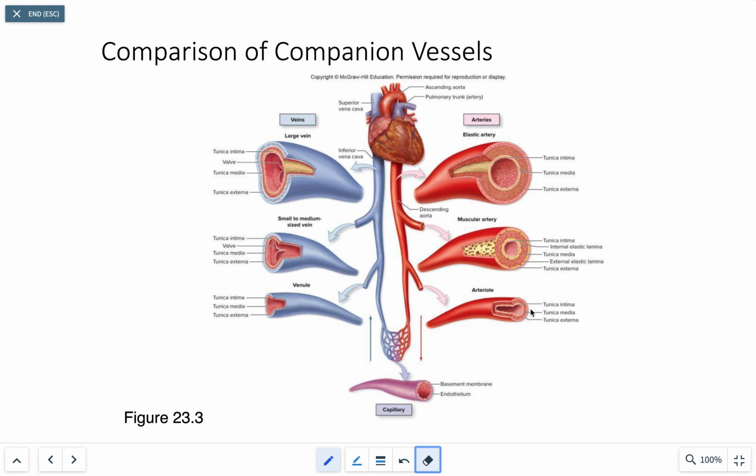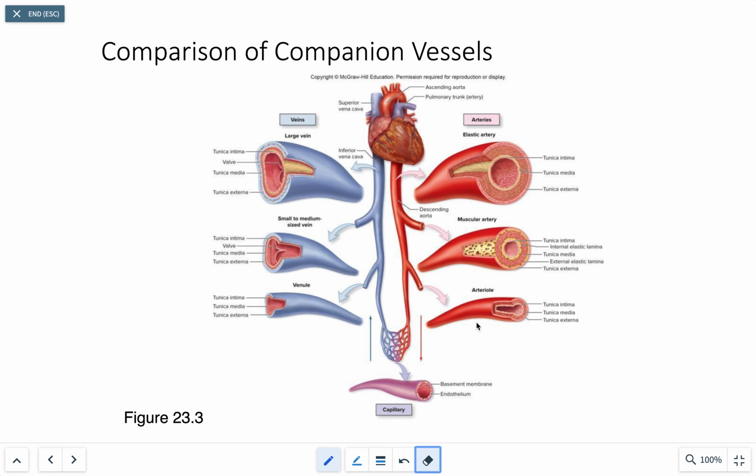And the last one is the arteriole. So what we see is the arteriole is a lot smaller. This allows for the red blood cells to line up in a uniform fashion, or a single file, as it enters into the capillary.